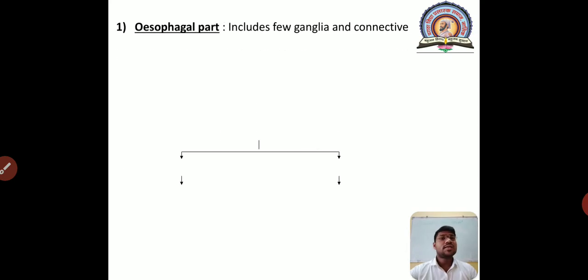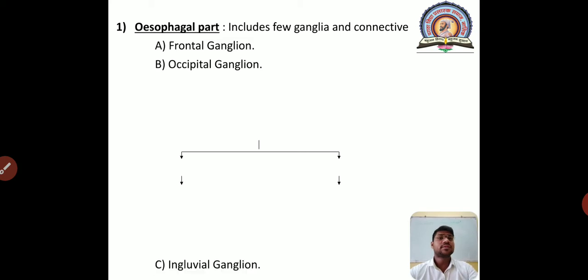Talking about the esophageal part, it includes a few ganglia and connectives. First, the frontal ganglion. Second, the hypocerebral ganglion. Third, the ingluvial ganglion. What is the frontal ganglion?